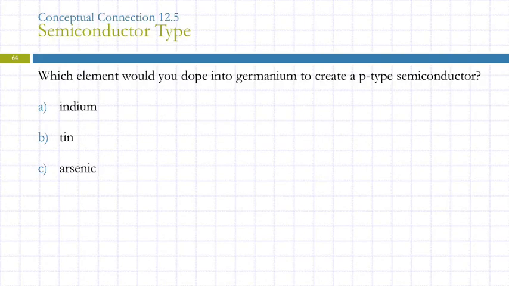So if we find indium and tin and arsenic on the periodic table, and we're doping germanium, tin has the same number of valence electrons. That's not going to do anything. Arsenic has one more. That would create an n-type semiconductor. So it's indium. It has one less valence electron, and so that would create a p-type semiconductor.